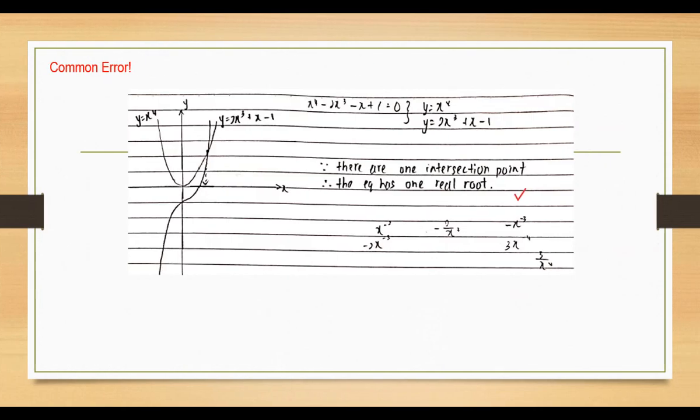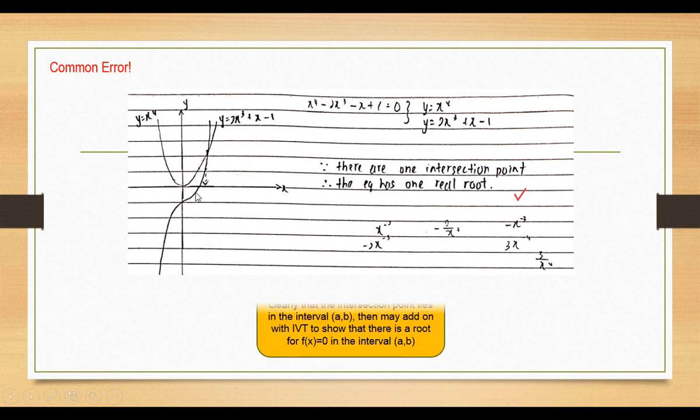Okay, this is a common error: no scale, and you just make a conclusion. There is one intersection point, yes, but in which interval? You have to indicate clearly that the intersection point lies in the interval (a, b). So this one gets no mark.